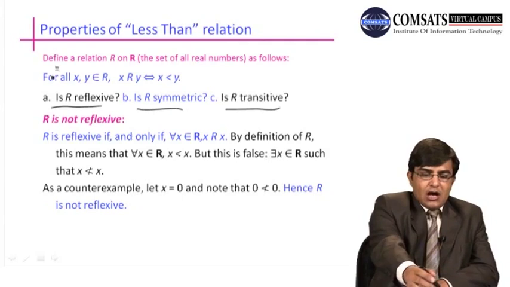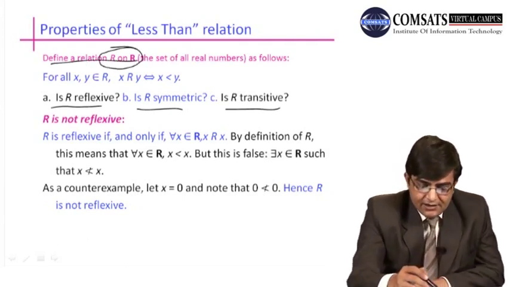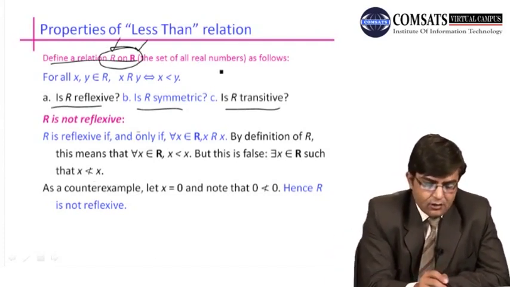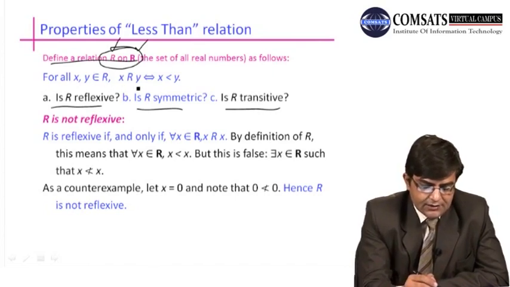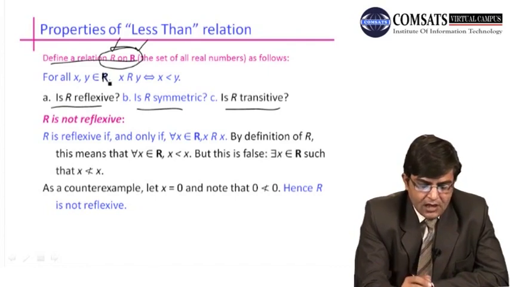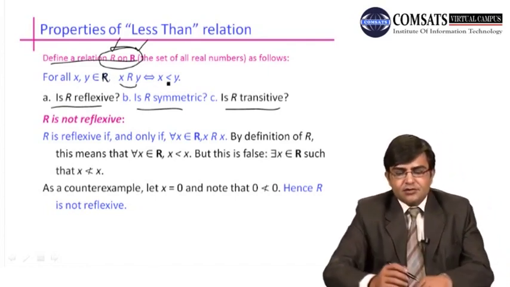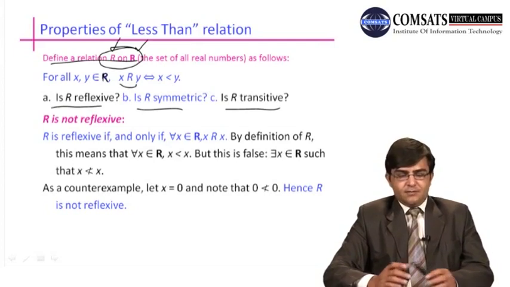We define a relation R on the set of real numbers, bold R, as follows. For all x, y belonging to R, x is related to y through R if x is less than y. So we have to check whether this relation is reflexive, symmetric or transitive or not.